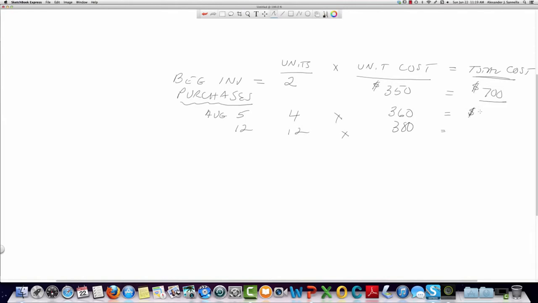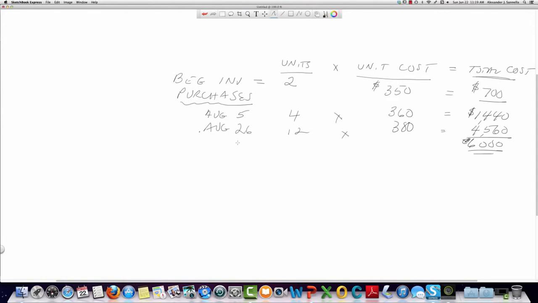So your purchase cost $14.40 on August 5, and on August 26th, on the 12 units times the 380, and that's going to be $45.60. So your total purchases are $6,000.